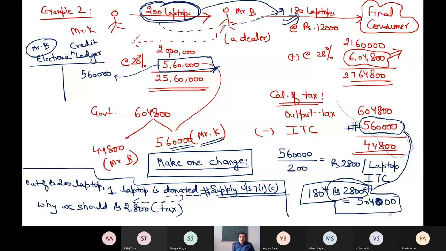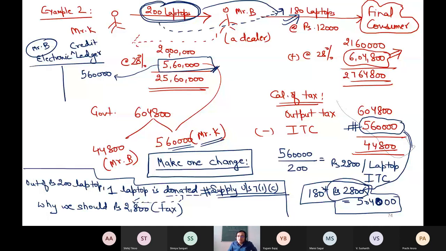That is why when you donated laptop, you basically gave the share of two people, your own share as well as government's tax share. Had you not taken ITC, government would not have objected to your donation.